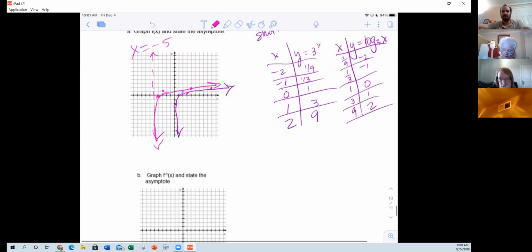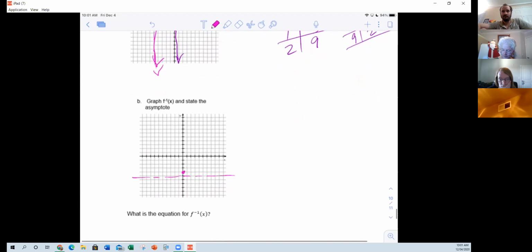Instead of going through -1, 2, it's going to go through 2, -1. So it's going to look something like that.